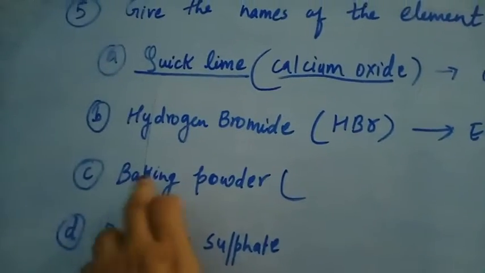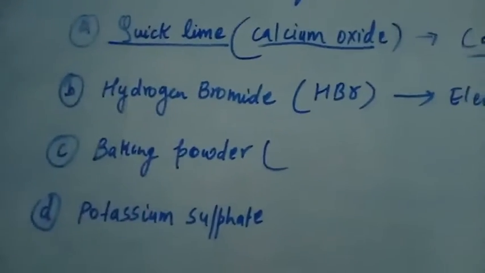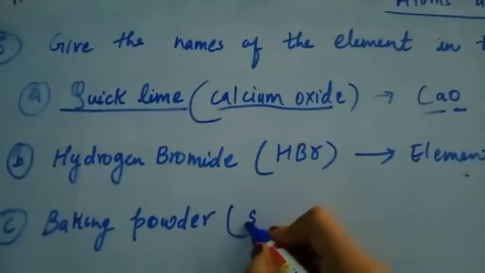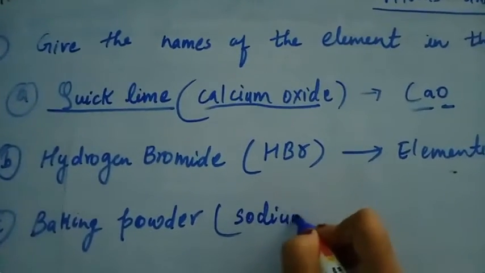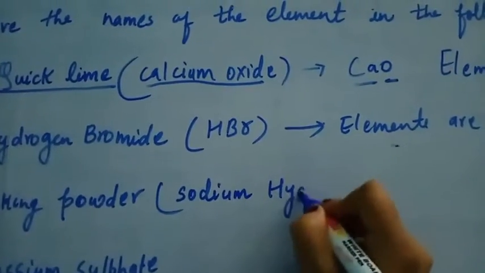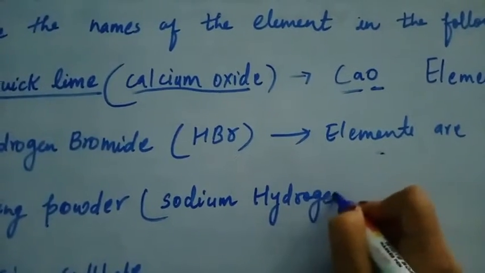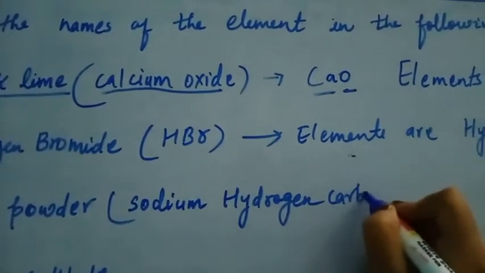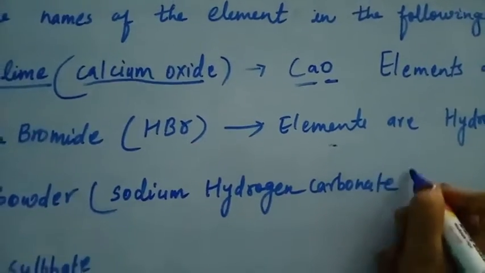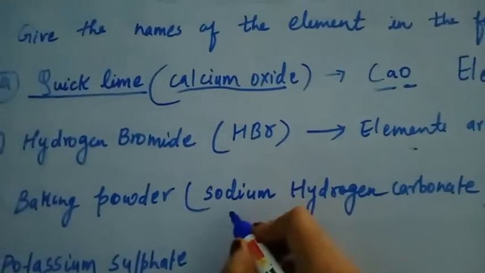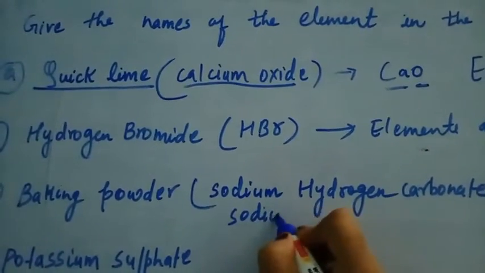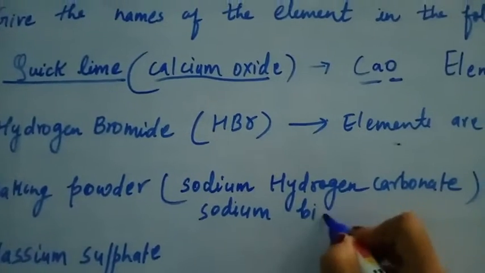The chemical name of baking powder is sodium hydrogen carbonate. It can also be called sodium bicarbonate.